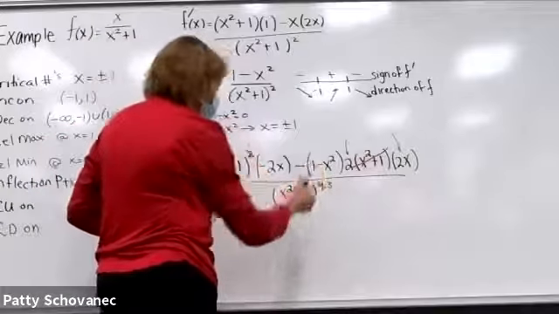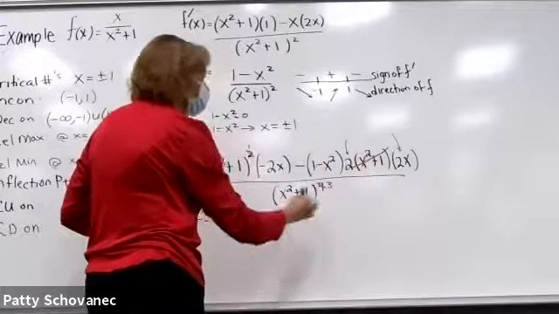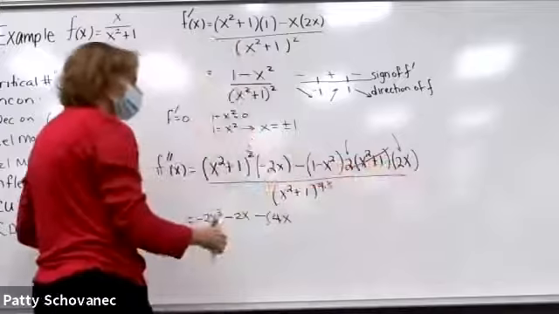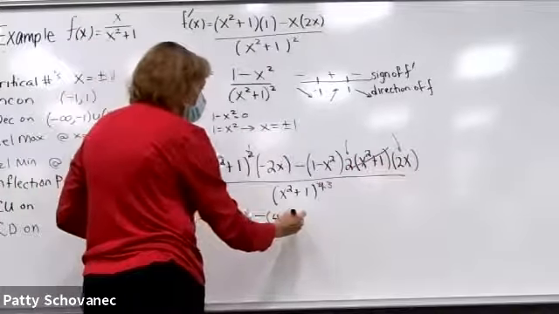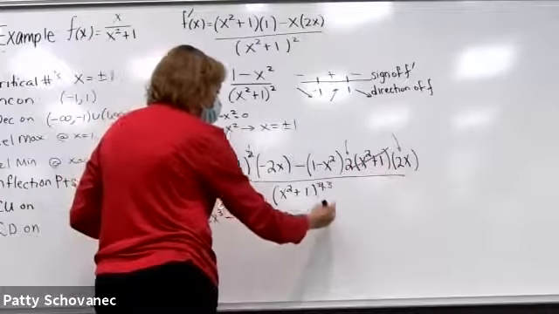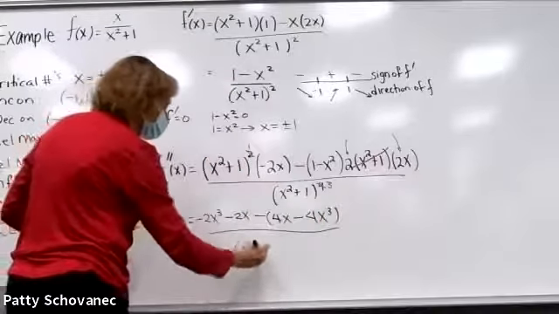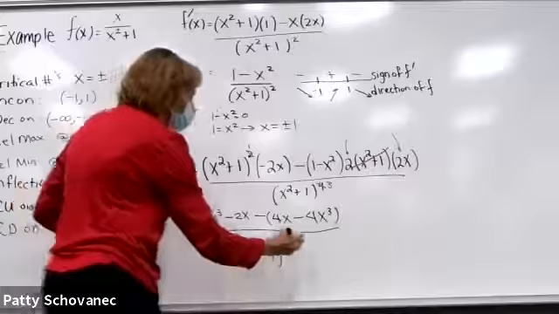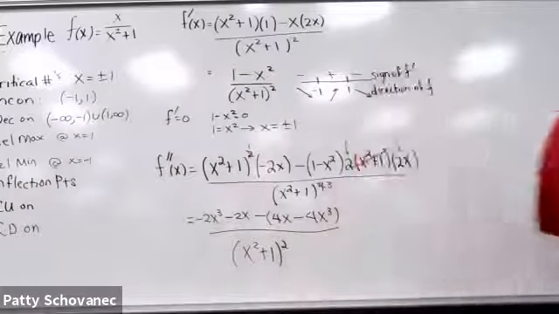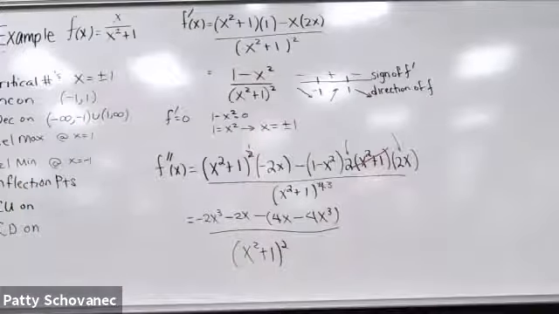So 4x times 1 gives me a 4x right here. 4x times negative x squared gives me negative 4x cubed. We're going to keep the bottom factored. So in the next step, I'm going to remove the parentheses, distribute the minus sign, and collect like terms.